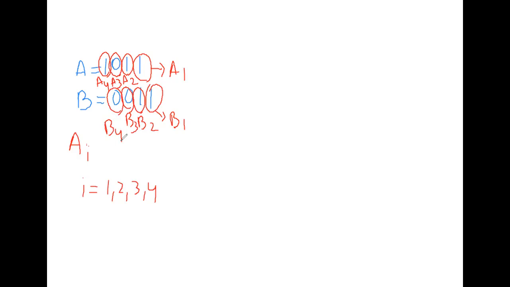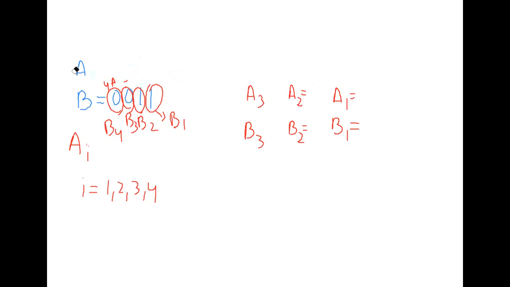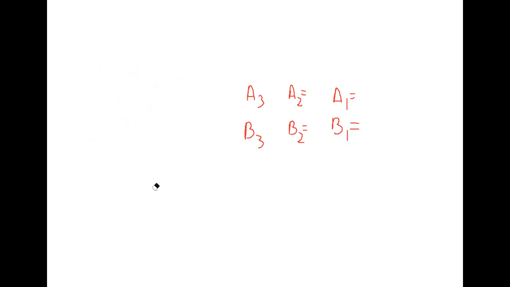So first of all, I'll write the numbers. So what are the numbers? First I'll write, this is A1, B1, next A2, B2, next A3, B3. See the notations, right?